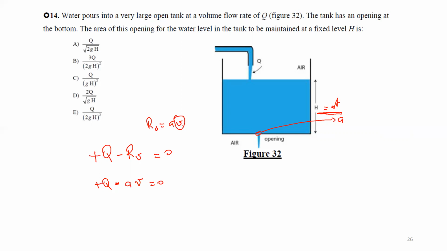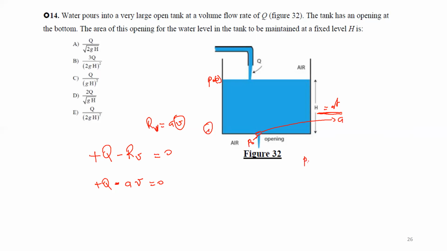Now, what is the speed of water? Of course, I will use the Bernoulli equation. Here I have atmospheric pressure, P0, and here I have atmospheric pressure as well. So I will use the Bernoulli equation between points 0 and 1 here.